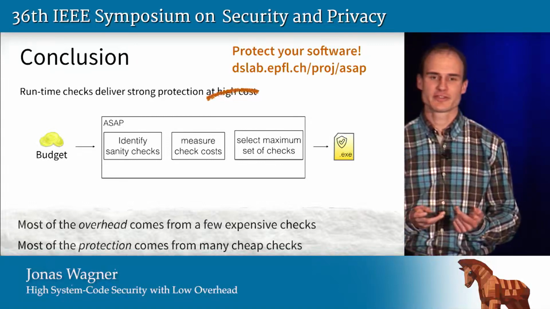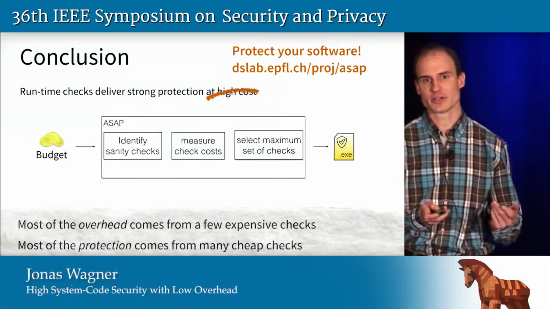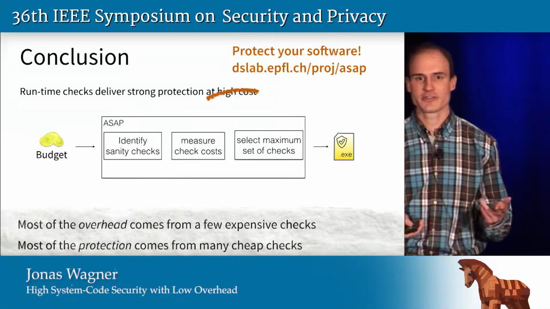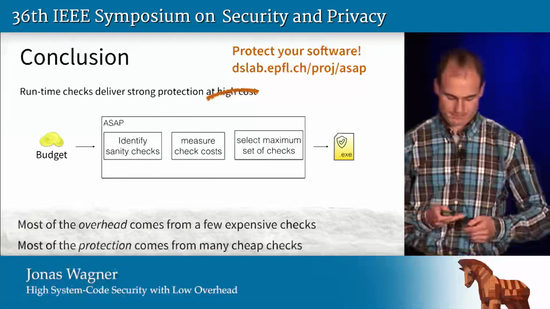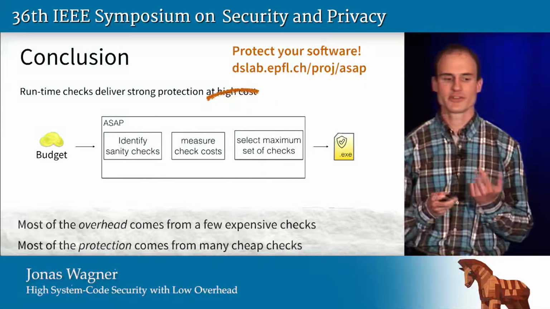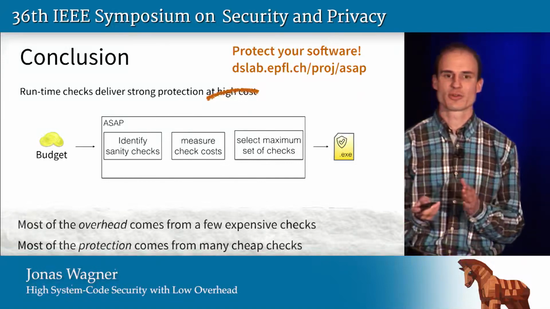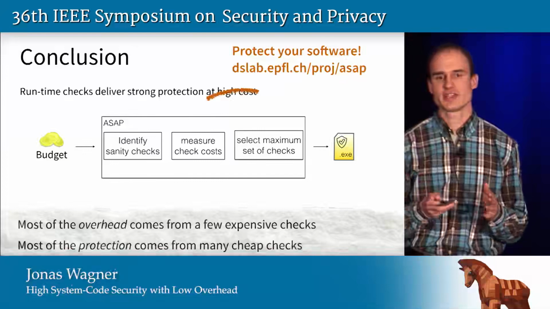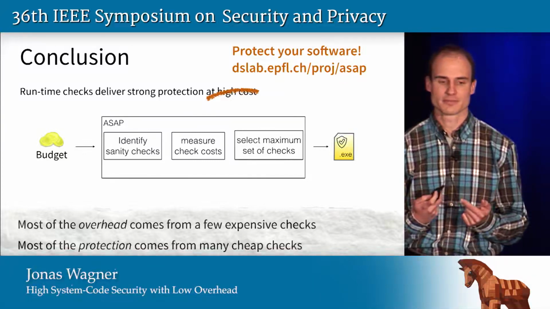The first is that our tool does work with, for example, assertions that developers manually put in. It recognizes them just like any other type of sanity check. And also, users have some control over which parts of the program are hot and which are cold if they select their training workload accordingly.